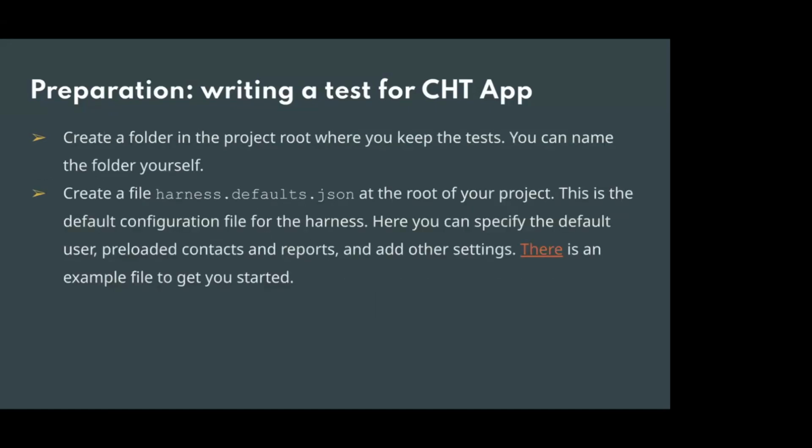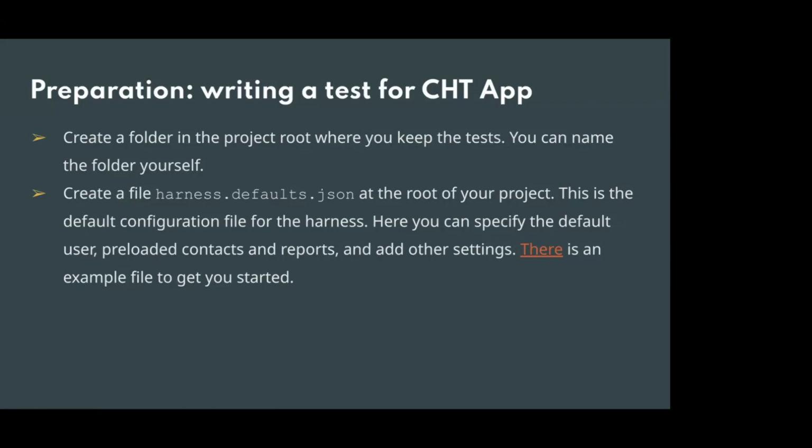After all that is set up, we can now begin to think about the project itself, the folder, the organization we want to have for the tests. We can start by creating a test folder, or any name that you want, but just make sure that it is according to what you put in your script commands, because the script command will be running the tests in a given folder. So the name that you want to give your folder should be aligned with what you put there.